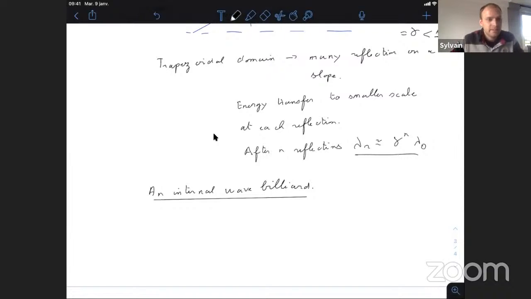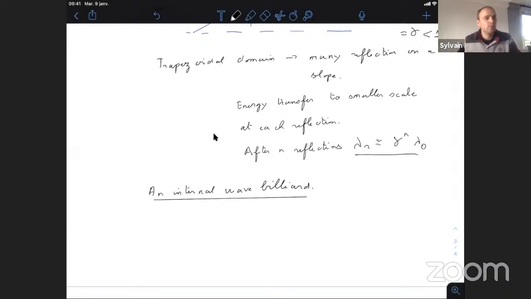To explain, the wavelength will decrease permanently at each reflection if there is no viscosity. If there is viscosity, and that's the main mechanism that has to be taken into account in the lab experiments, it will restrict this mechanism.